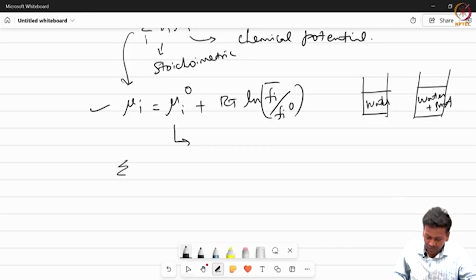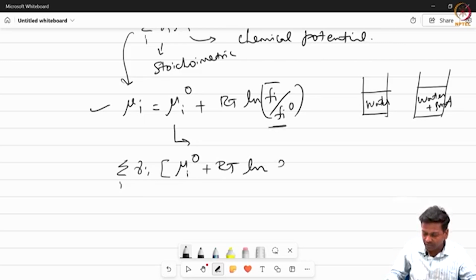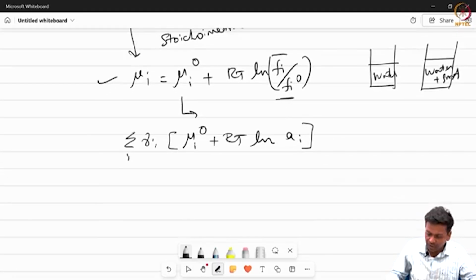What if we substitute this equation into our previous equation, Σ ν_i μ_i? Here I will substitute RT ln. We know that this f̄_i / f_i° is nothing but a_i, where a is activity. Activity is defined as the ratio of the fugacity of a mixture to the fugacity at a standard reference state. So you can replace this with a_i.